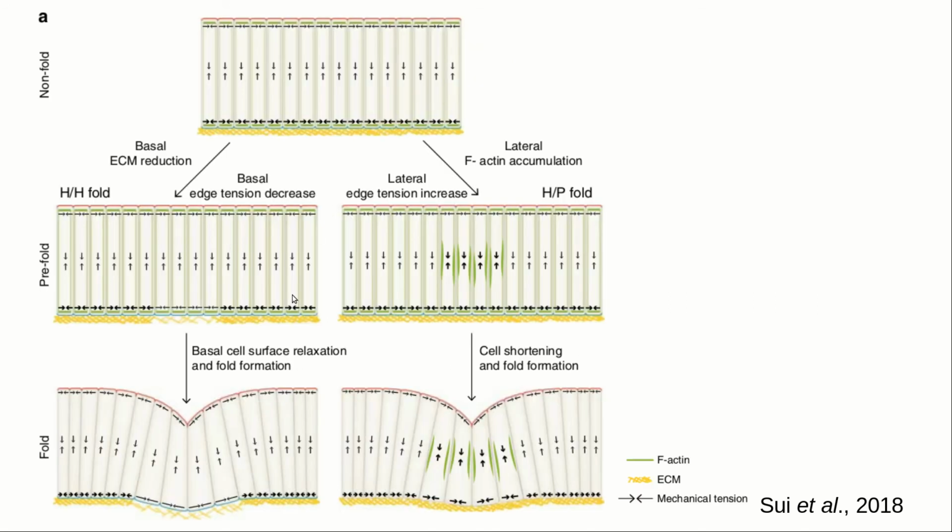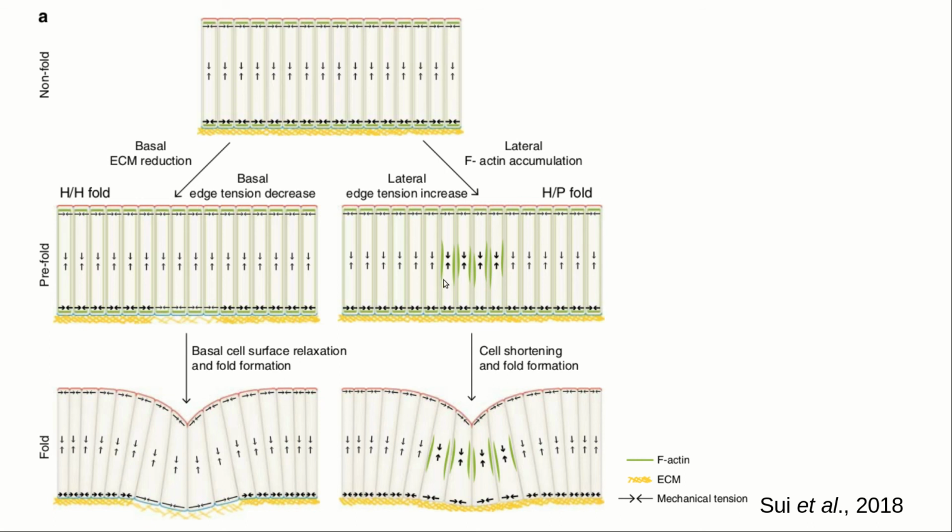These two folds are formed because of different mechanisms. For the hinge fold, cells are under big tension in their basal part. And when the extracellular matrix of the basal part is degraded, this tension is released in the cells, and so cells relax and their basal area expands, and this causes the tissue to bend.